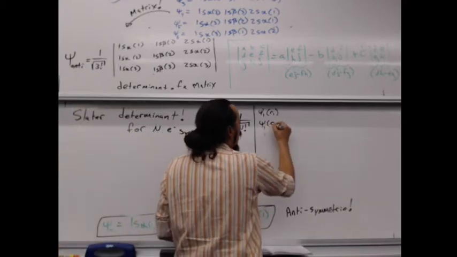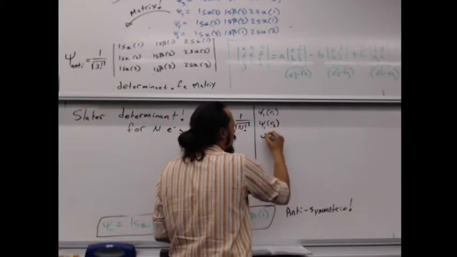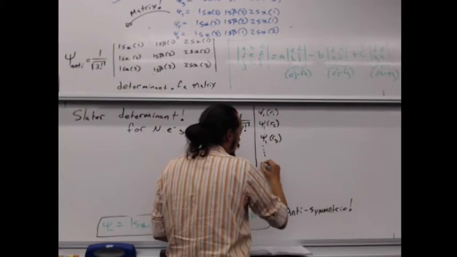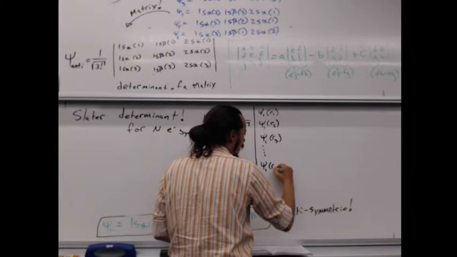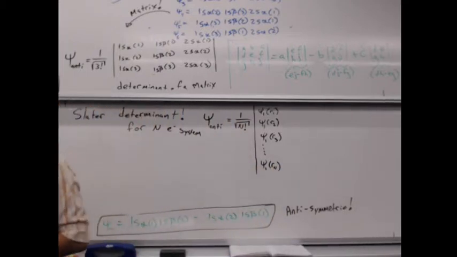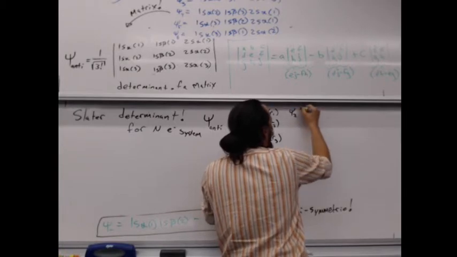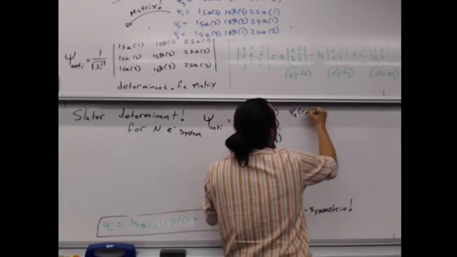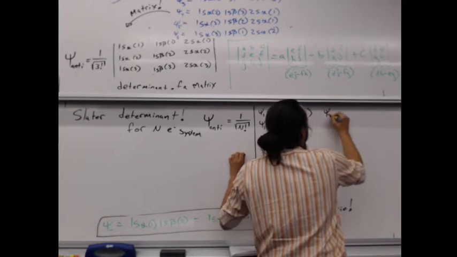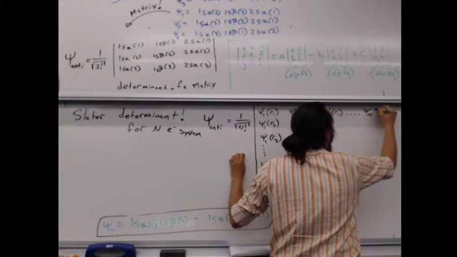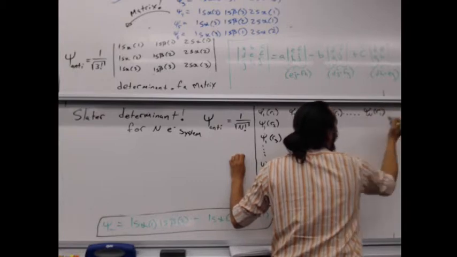So I'm going to have psi1 R1, psi1 R2, psi1 R3, all the way down to psi1 Rn, for n possible electrons. Now the reason I'm not just writing 1s, 2s is because then I'm going to have psi2 R1, psi3 R1, all the way out to psi n R1.